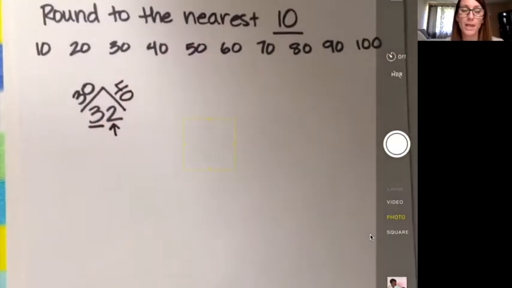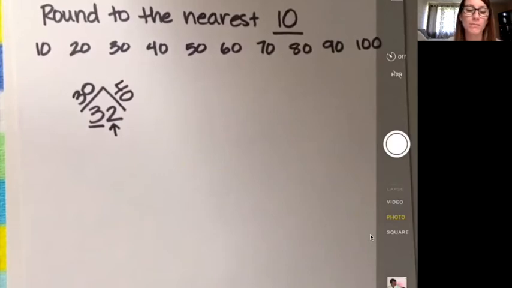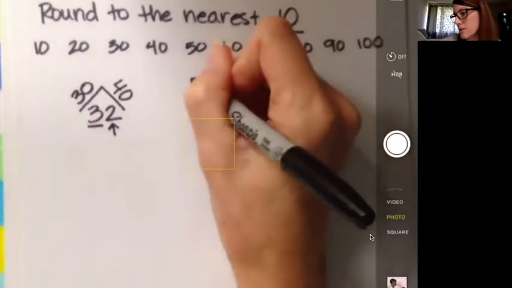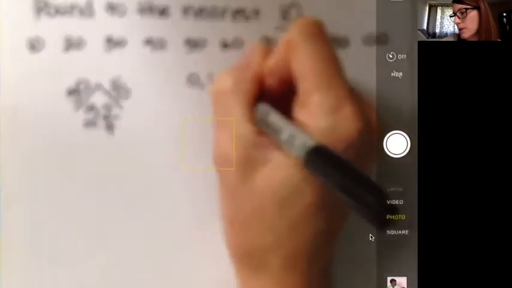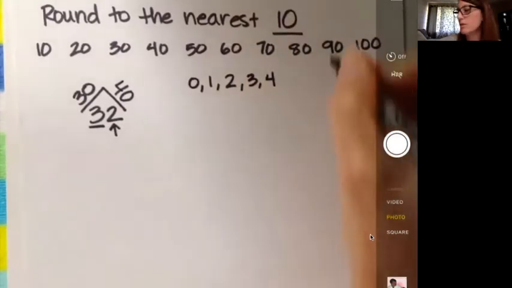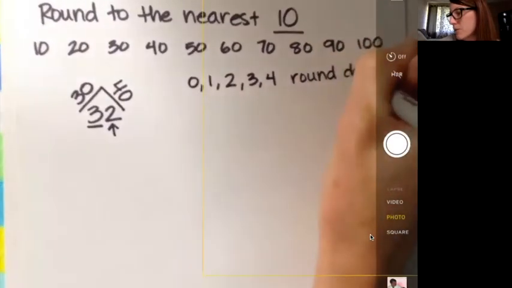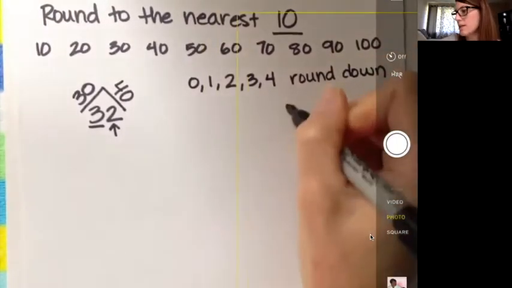Okay. Now, there's something you need to remember. When you are rounding a number, there are some numbers that make you round up, and there are some numbers that make you stay the same, okay, or round down. So the numbers 0, 1, 2, 3, and 4 all round down, or they stay the same.